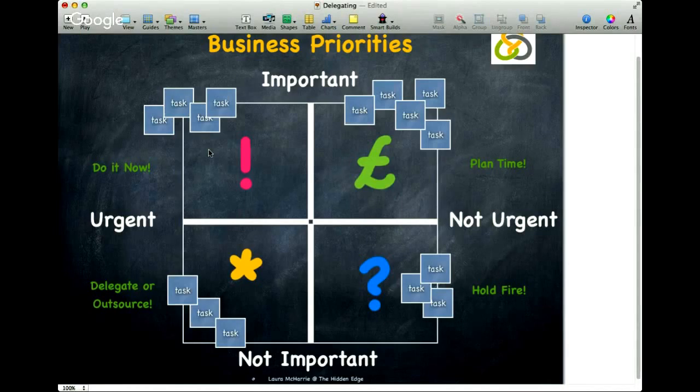So once you have your list of work allocated and you've popped it into one of your 4 boxes, you can rethink about what it is that you've allocated to what box. If there are items in the urgent and important box that actually could be broken into smaller bite-sized chunks that you could delegate or outsource, then move them into the asterisk box and get rid of them.